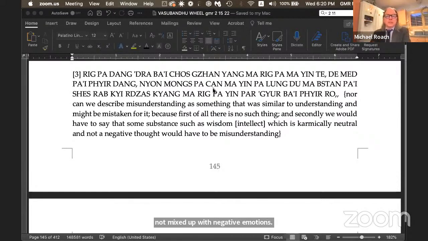Those neutral states of mind of just common intelligence at your work, for example, would have to be link number one, if you accept the third version of the negative particle, which means something that looks like understanding but is actually something different. So being clever at your job looks like something, and it's something different than spiritual knowledge, right? But if you define the first link as something similar to spiritual knowledge but something else, then other kinds of intelligence would have to be marikpa.